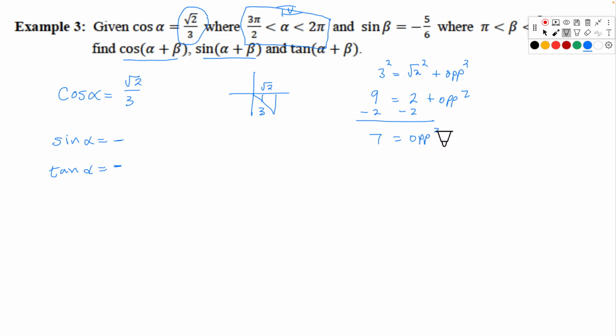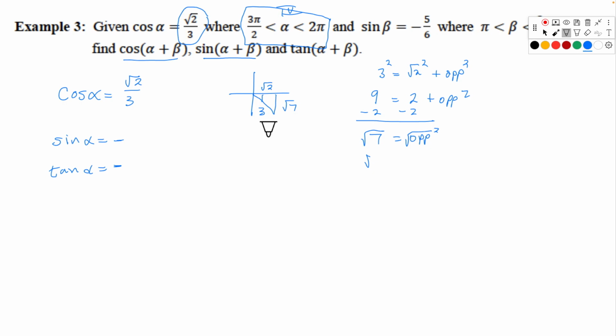So opposite side squared is 7. We take the square root of both sides, so the opposite side is the square root of 7. If you square that and add 2, you get 2 plus 7, which is 9, which is 3 squared, so it's kind of a double check.